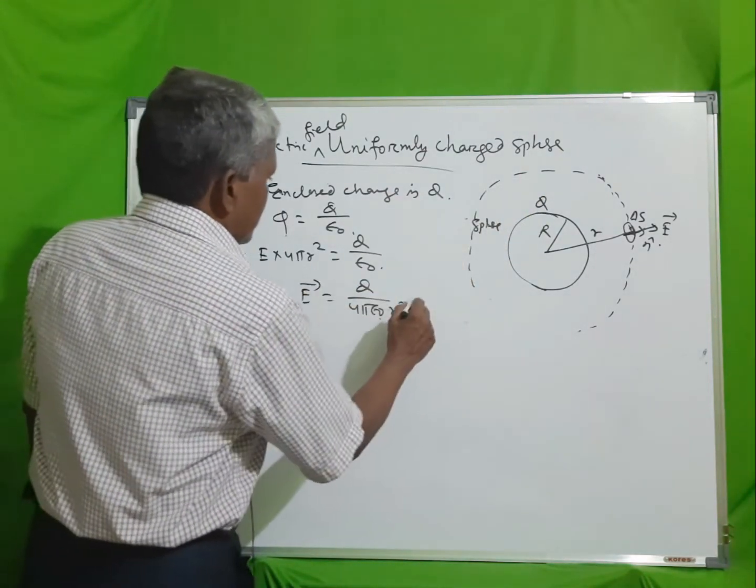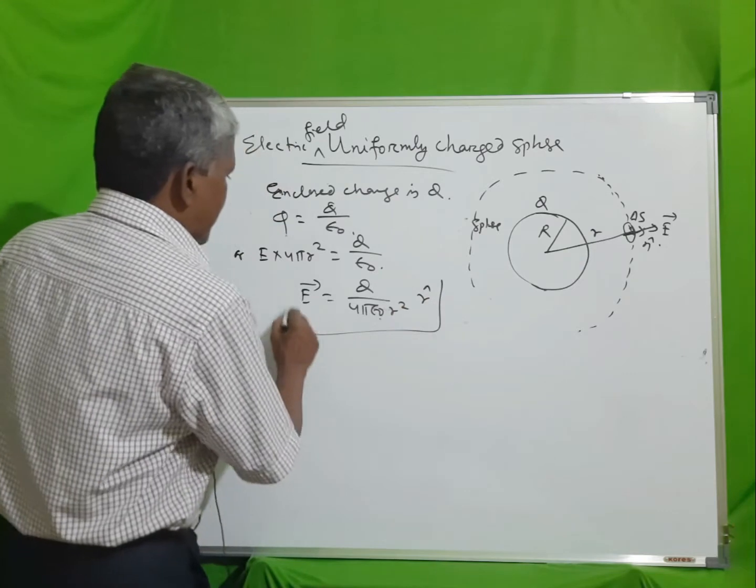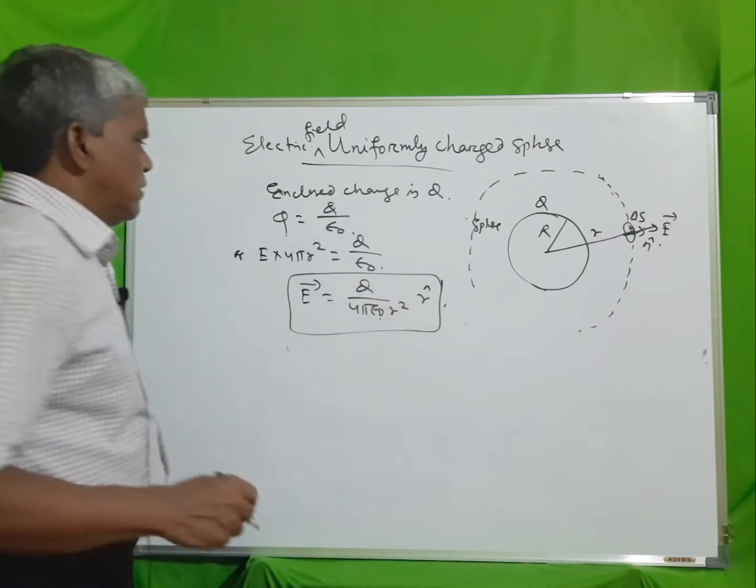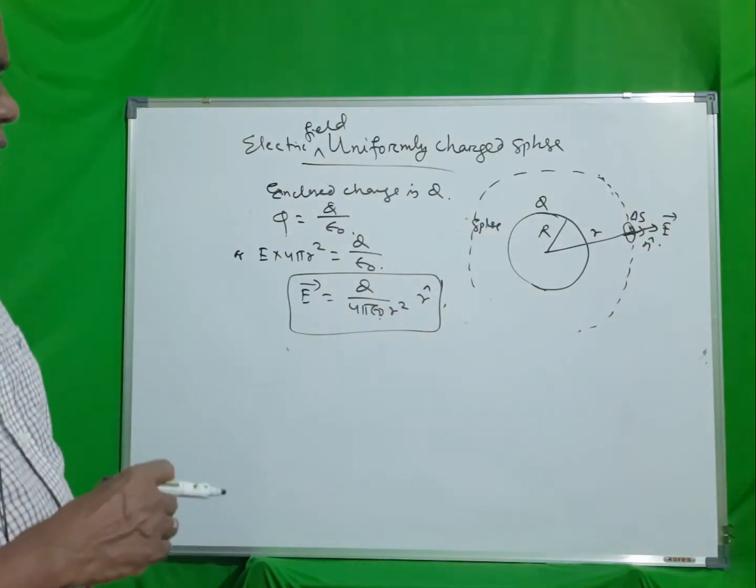That's why we can write in vector form E equals Q by 4 pi epsilon 0 r square r cap.